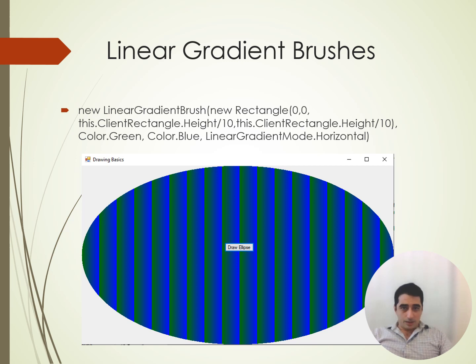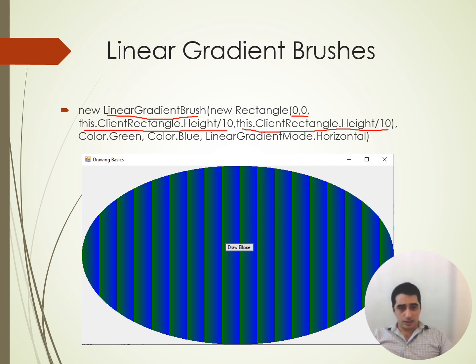Here is another example of linear gradient brush. As you see, I have set the first parameter of this constructor for the linear gradient brush equal to a new rectangle of location 0, 0, and the size would be 1/10 of the height of this form as the width, and 1/10 of the height of this form as the height.